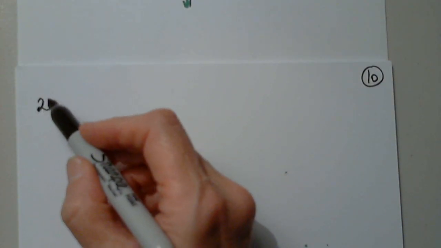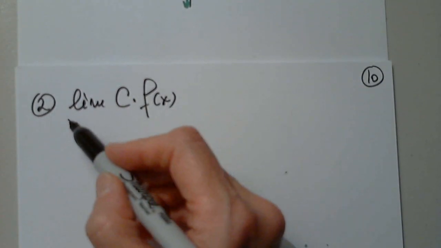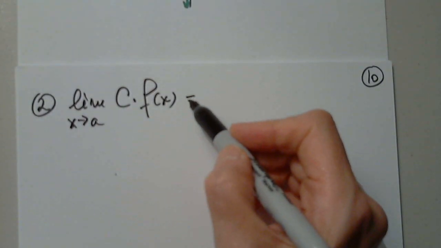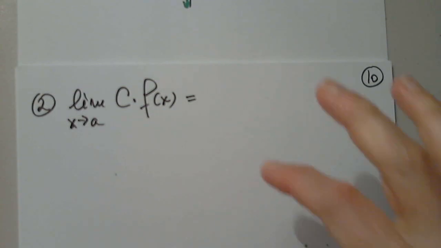Okay, so in number 2, we have the limit of a constant times a function as x approaches a. What do you think this will be, common sense? This is a constant, the factor in front of f(x). Any wild guess?